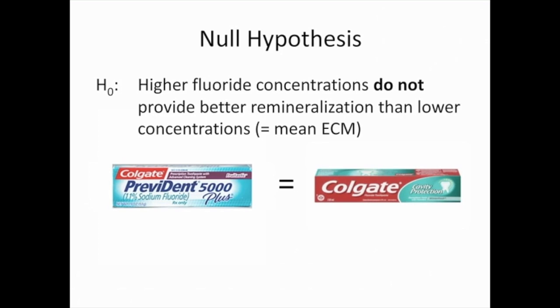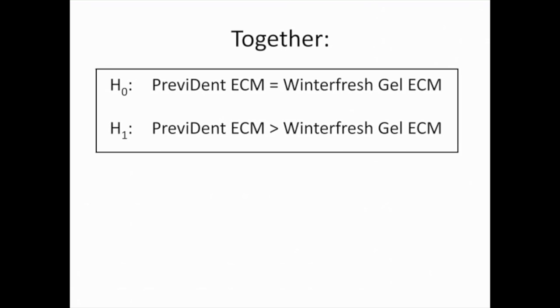To test her hypothesis, she sets up another statement called the null hypothesis, a statement of no difference or no effect. For this study, Prevident does not provide better remineralization than Winterfresh Gel, or there is no difference in mean ECM between the two products. The null and research hypotheses are mutually exclusive and together account for all possible outcomes of the study.